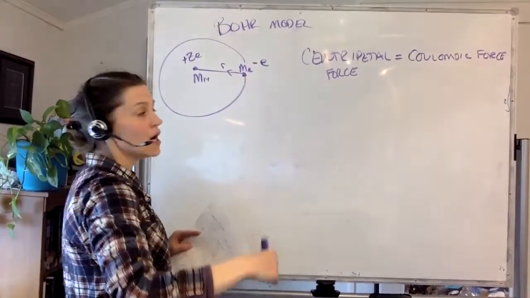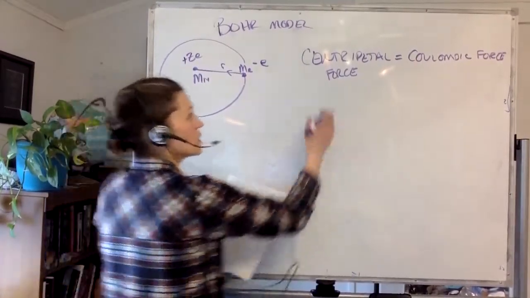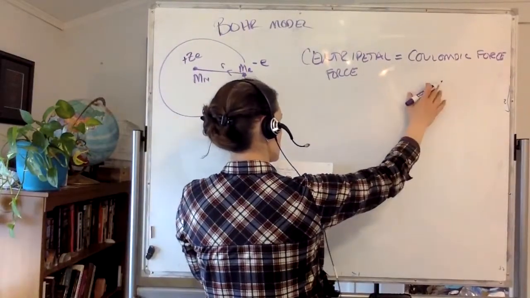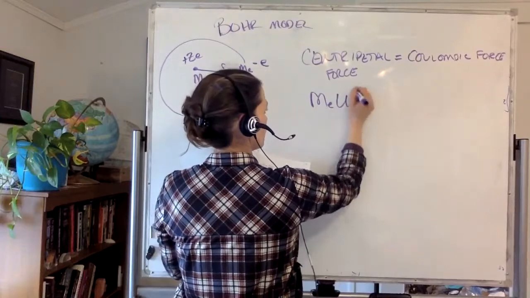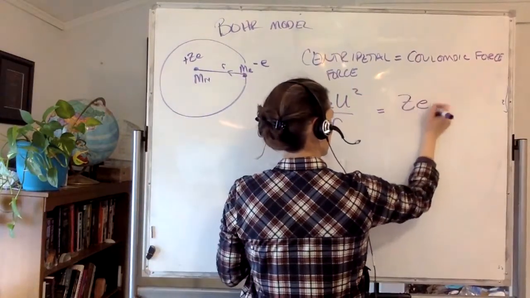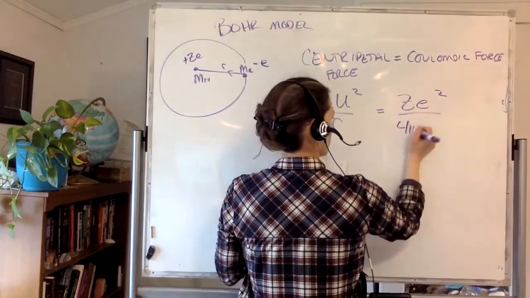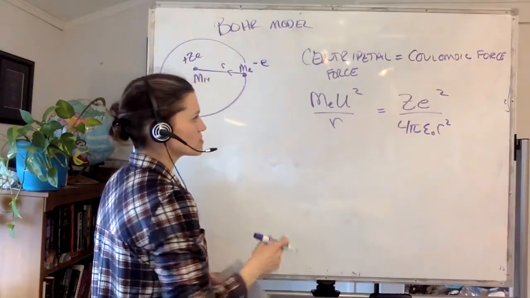So Coulombic, the force between them is equal to 1/r squared. And so here we have the centripetal forces in balance with the Coulombic force. So m sub e u squared over r is equal to Z e squared over 4 pi epsilon 0 r squared. What do all of these terms mean?